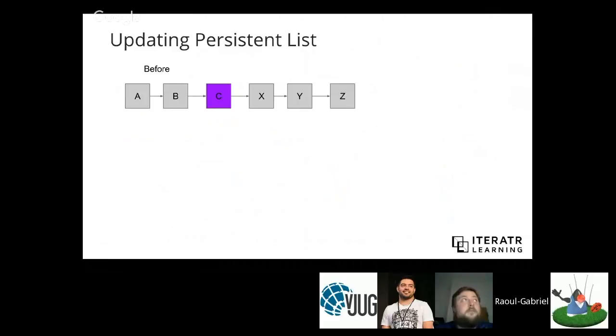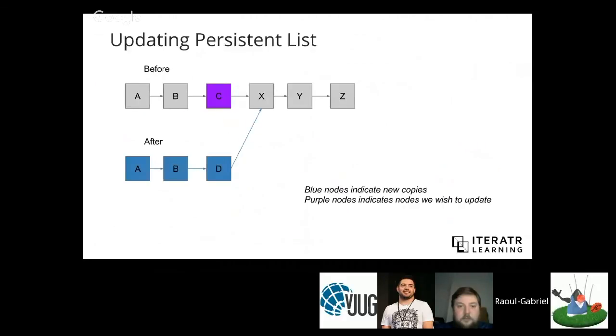So how would it work if, instead of appending to a list, we'd like to be able to modify an existing element? So let's say we want to modify the element C here. How can we do that without having to change the existing data structure? Well, the key trick here is to realize, if I need to modify C with a new value called D, what I can do is to create a copy of that.